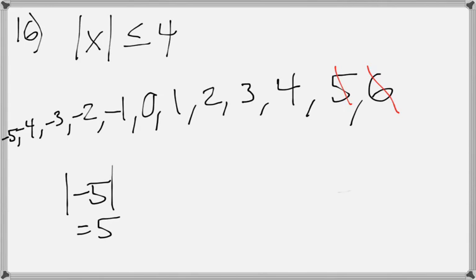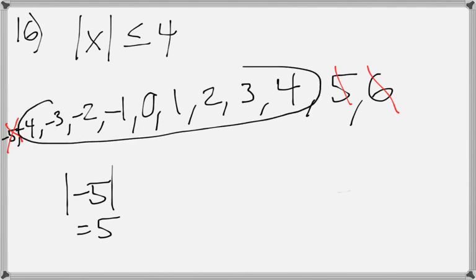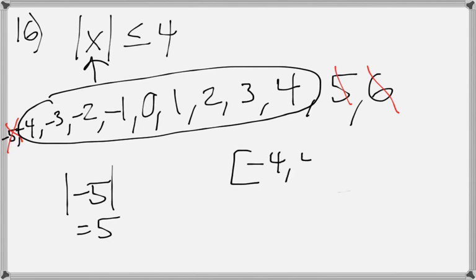So we would not want to include that. So I'm just kind of looking at this logically to see what numbers I would put in to make this true. And really anything between negative 4 and 4, if you plug that into the original, that will make that true. So I'm going to write that in interval notation, and that's negative 4 to 4.